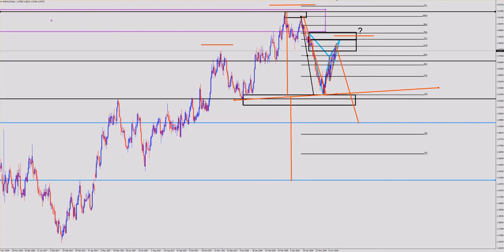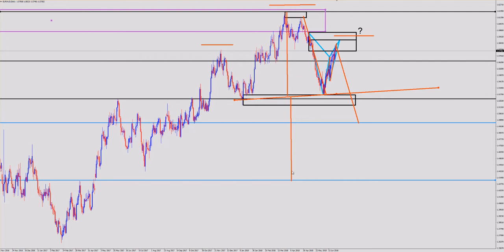The other thing we want to look at is a potential 131 extension, right? So price comes down into this level at the 131, and then it comes right back up above that neckline, we may have ourselves a potential shark pattern developing, or its baby brother, the cipher pattern. That's all very possible. But those are some areas that we want to be paying attention to.